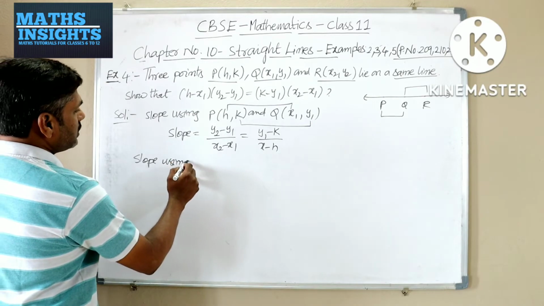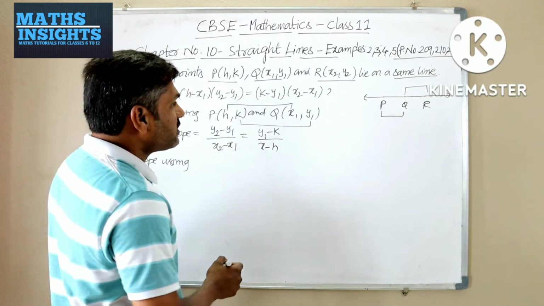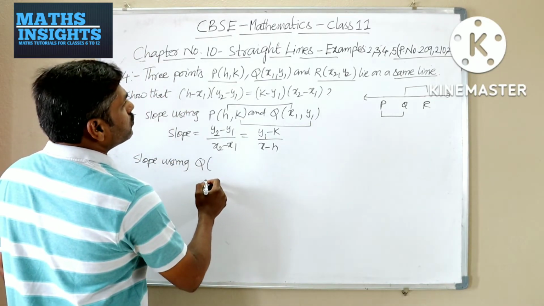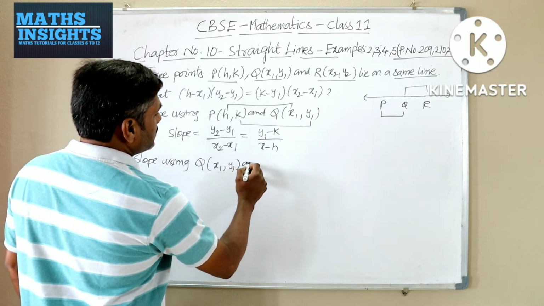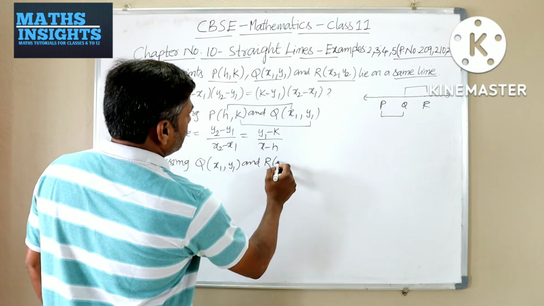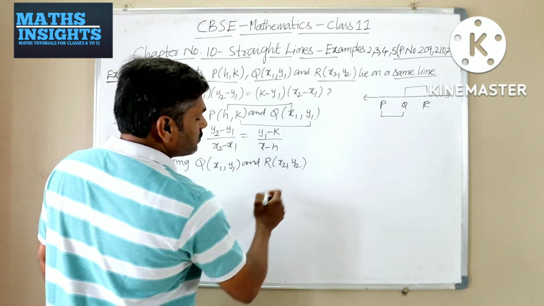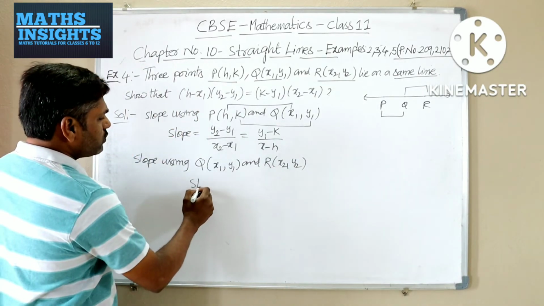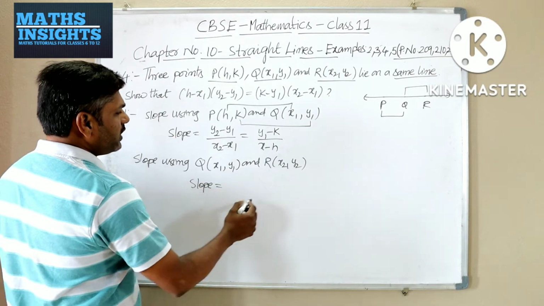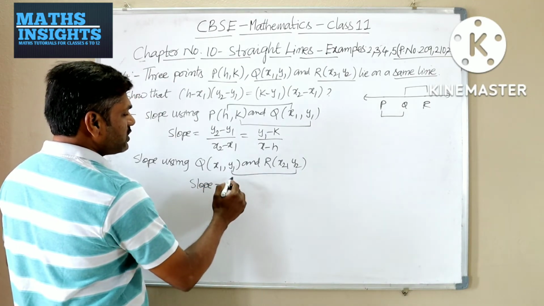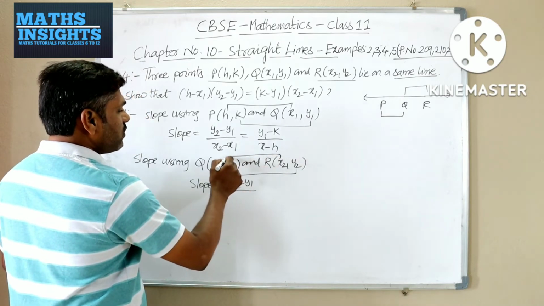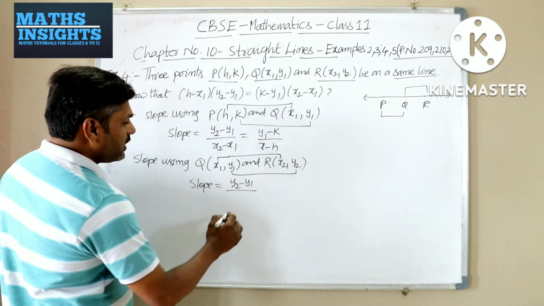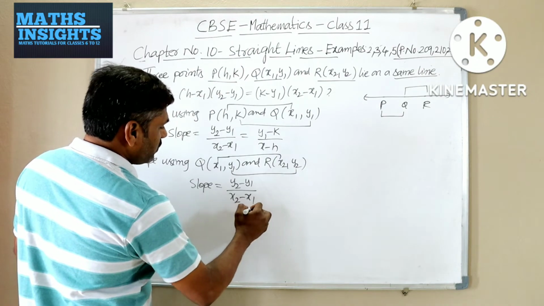Now, slope using what are the second and third points? Q. What is Q? Q is (x1, y1) and R is (x2, y2). In a similar manner, slope is equal to difference of y coordinates, that means y2 minus y1, by difference of x coordinates, that means x2 minus x1.